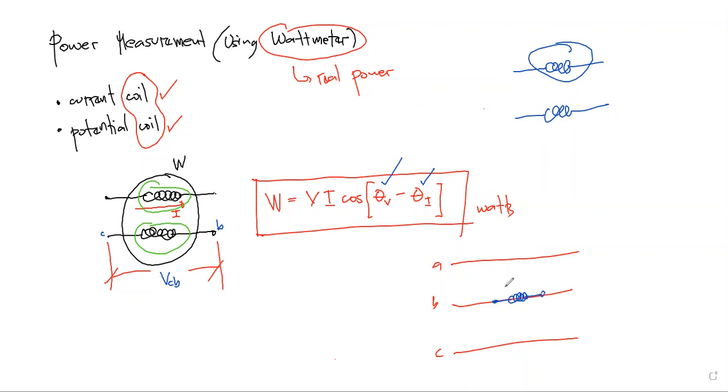And of course, the potential coil must be located below, and that depends on where we put the potential coil. For example, the left terminal will be connected to line A, and assuming the second terminal is connected to line C, like this.